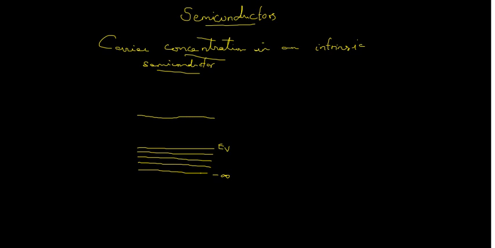Then the first position of the higher energy level is the conduction band energy, and that increases up to the maximum, plus infinity. So this is EV, this is EC, and the Fermi energy level is exactly in between.